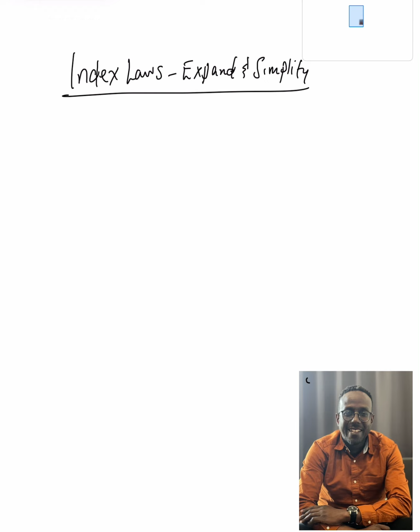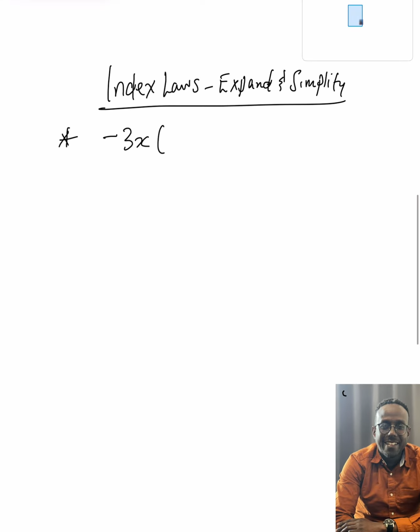The first expression that I have to expand and simplify is negative 3x, open brackets, 5 minus 3x. We are meant to expand and simplify this.